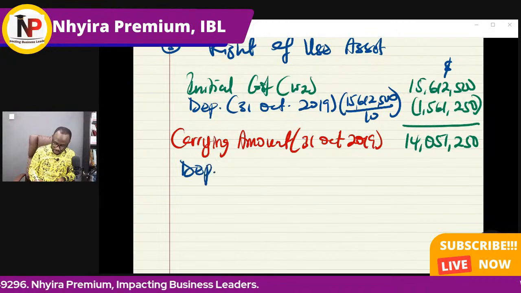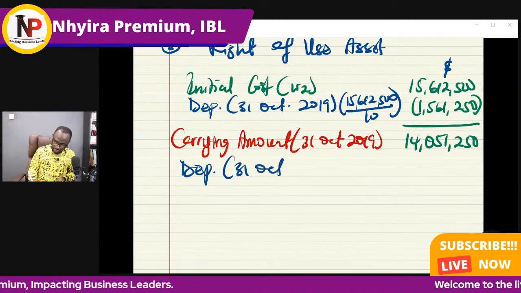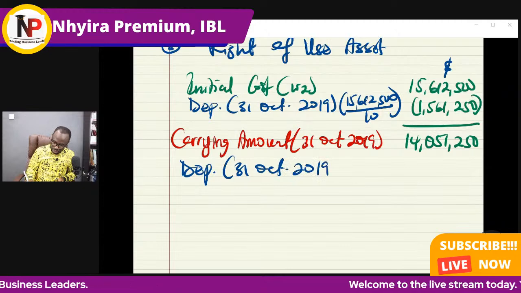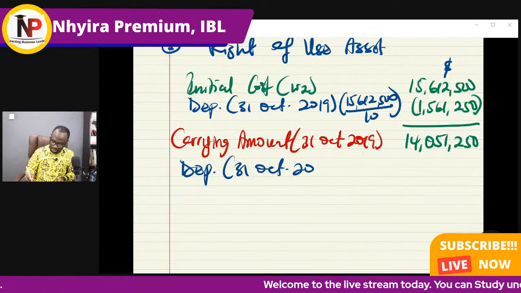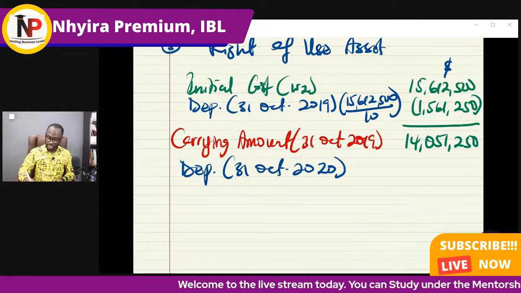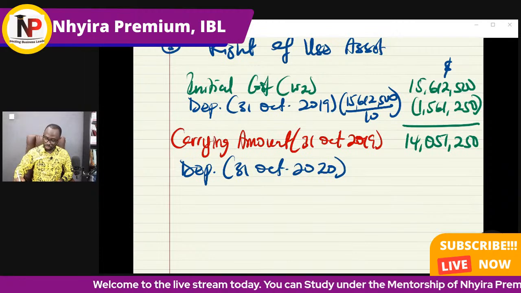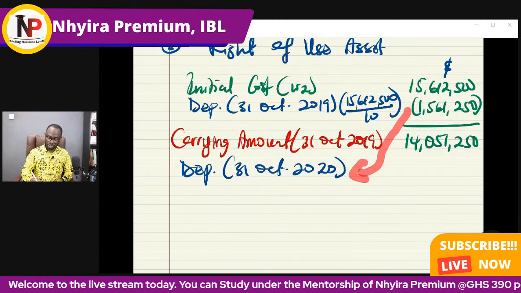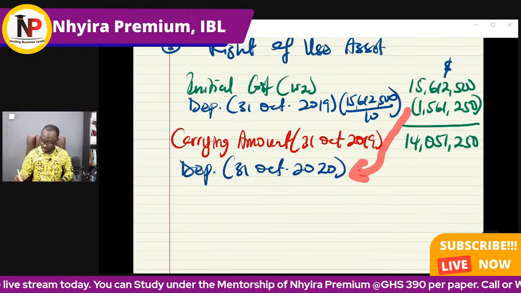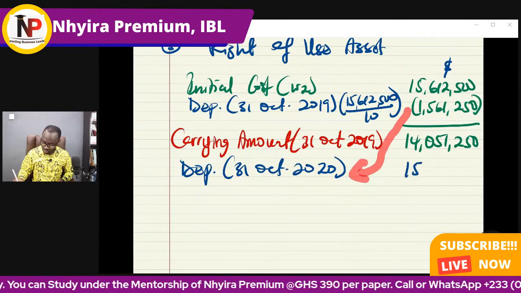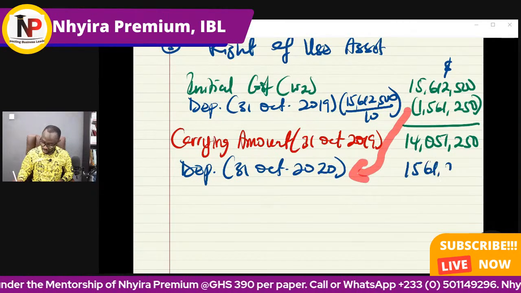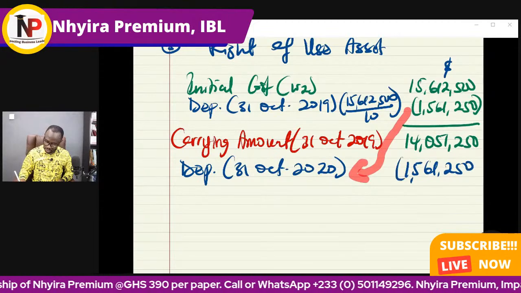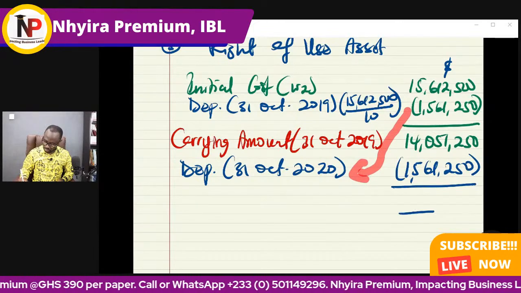Then we come to the depreciation for the year ended 31st October 2020. And since it's on a straight line method, the same amount of depreciation is going to apply here. So we're going to have 1,561,250. We take it out.